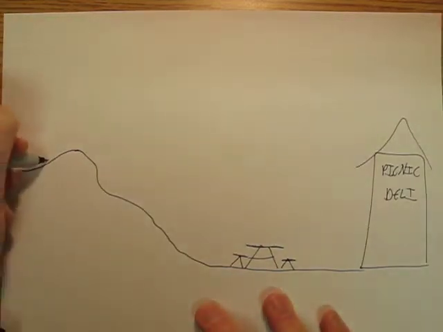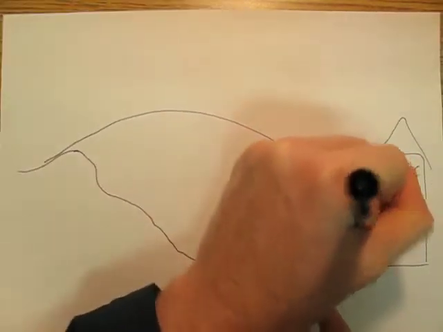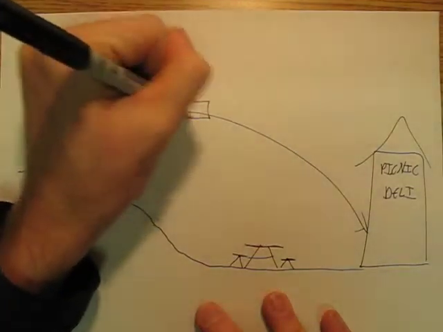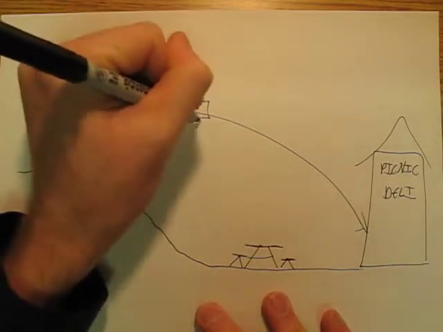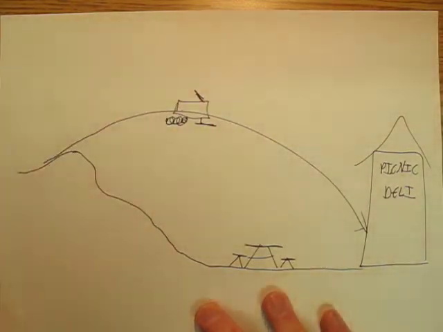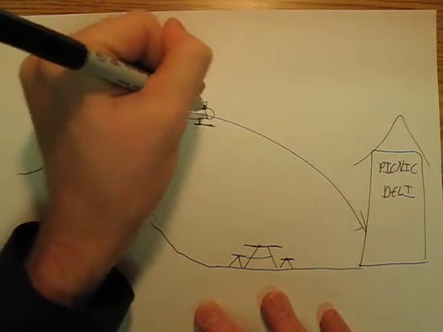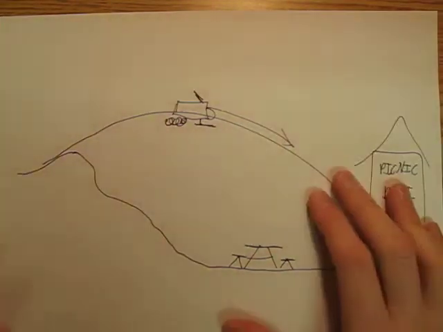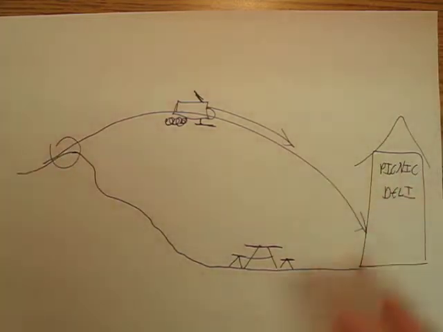And the snowmobile comes over and goes splat into the Picnic Deli. And so here's our little Ghost Rider snowmobile coming down like that. Alright, so let's look at this.